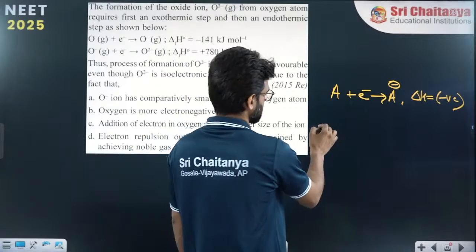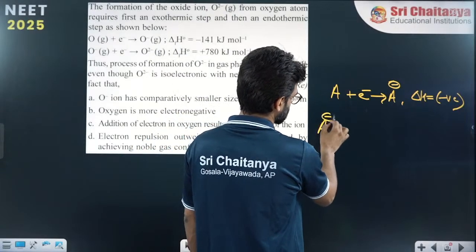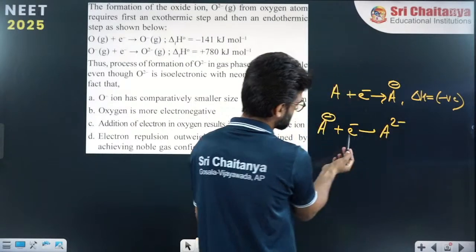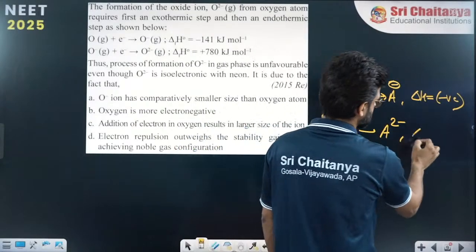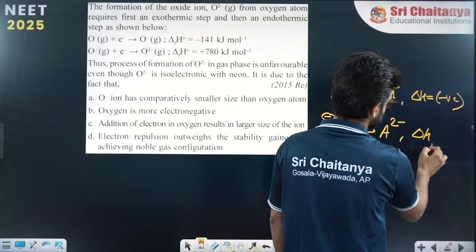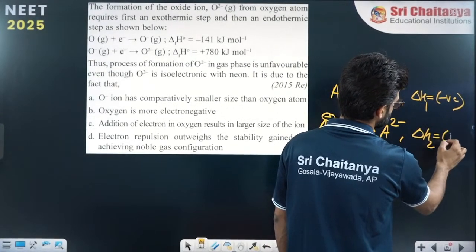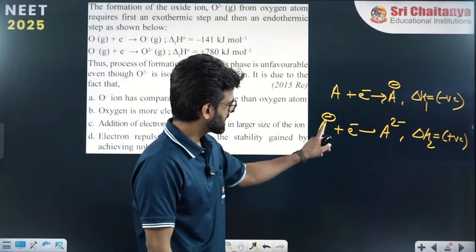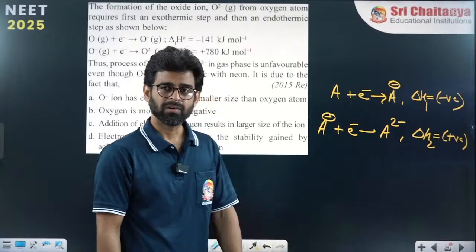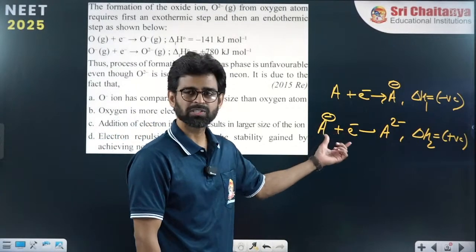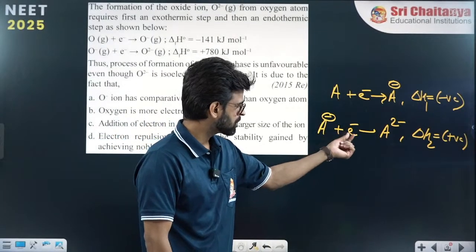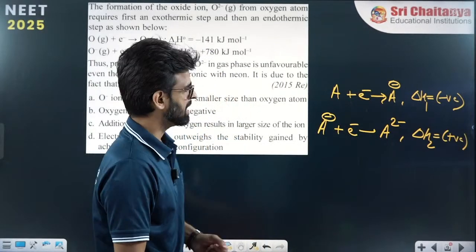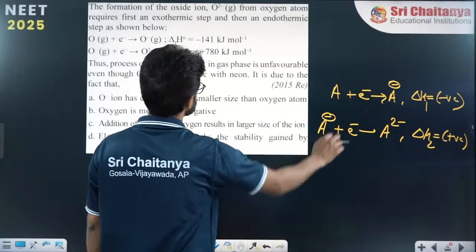But a negative ion never accepts another electron very easily because of repulsion, negative charge. So delta H2, or Eg2, is always positive, because this negative will repel the other negative. There will be inter-electron repulsion, so we have to push the electron to the atom. We are giving energy so that the atom can accept the electron. So Eg2 is always positive.